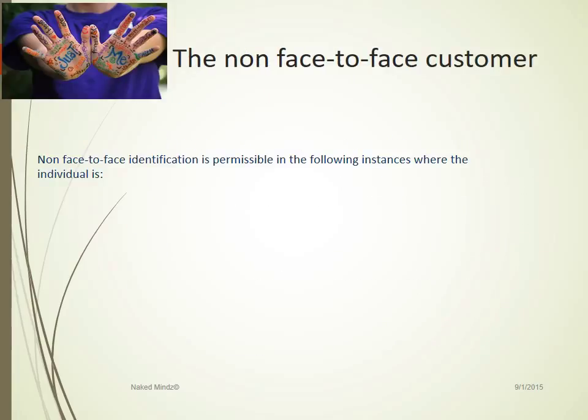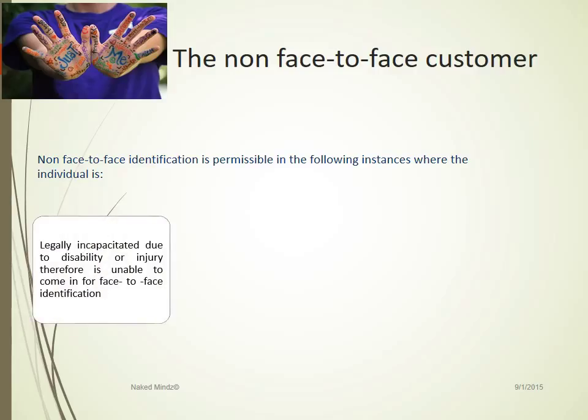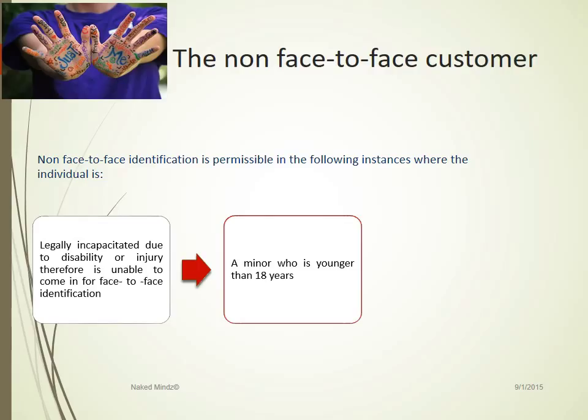Sometimes you cannot have a face-to-face with your customer, and it's permissible in the following circumstances. If your customer is legally incapacitated due to a disability or injury and is unable to come in for face-to-face identification, you can use this as a reason, but this must be noted. A minor who's younger than 18 years, and again this must be noted.